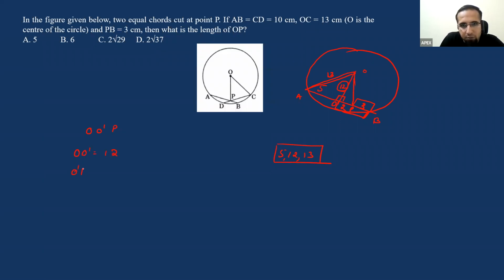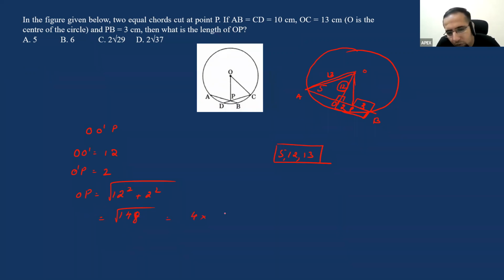And I have O dash P is equal to 2, and it's a right angle triangle. So can I say the value of OP will be equal to root of 12 squared plus 2 squared, that is going to be root of 146? Clear? Sorry, root of 148.